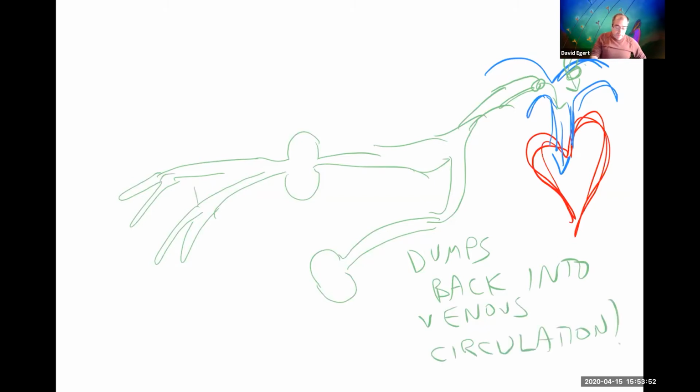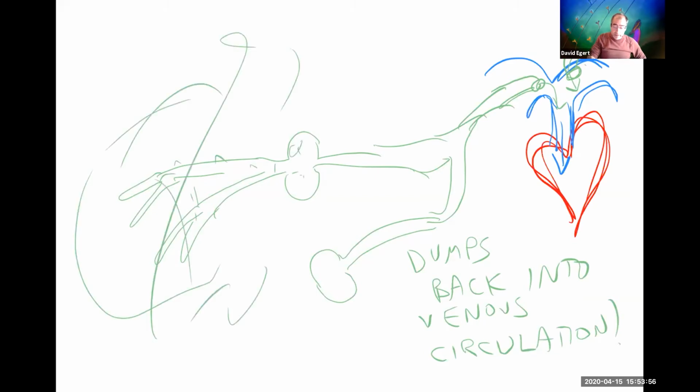So all that fluid that's being collected all over the body, filtered by the lymph nodes, and ultimately now just dumped back and ends up in the vena cava and is now back just in your closed circulatory system. So it's returned back into general circulation. Does that make sense?